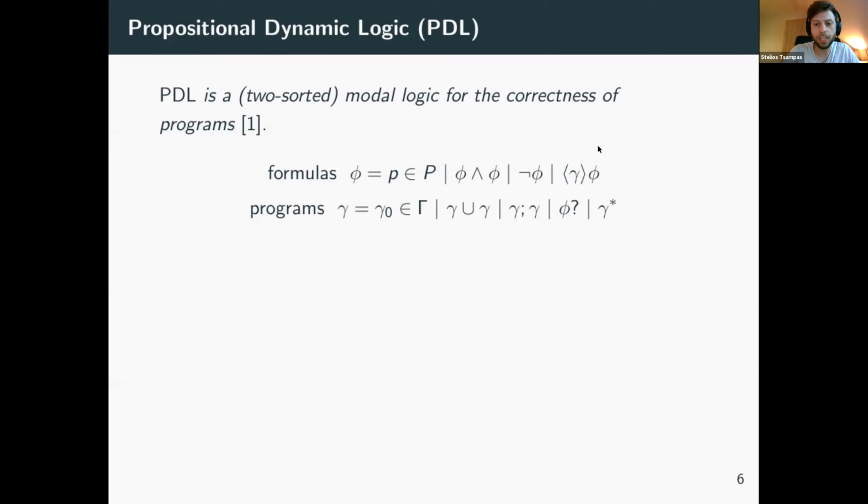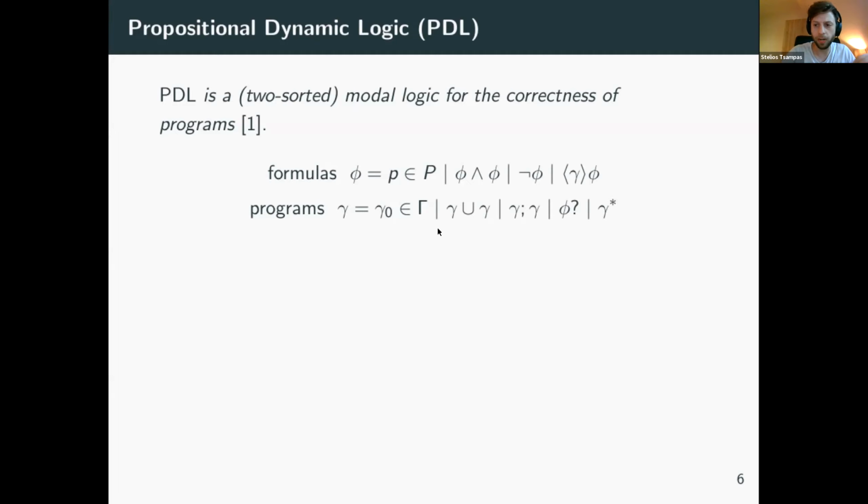But what you can keep in mind is that you can make propositions not only for a particular system, where phi is a proposition and we have some system, but we can parameterize the system over here, the system gamma. And that's where the second sort comes in. The second sort defines programs inductively.